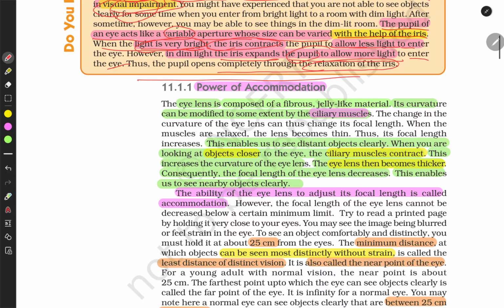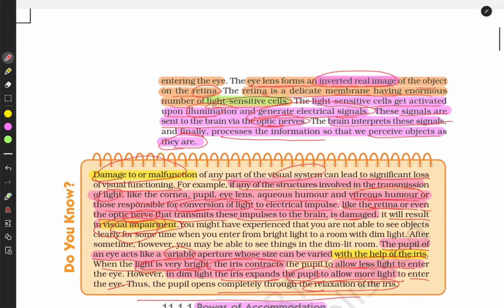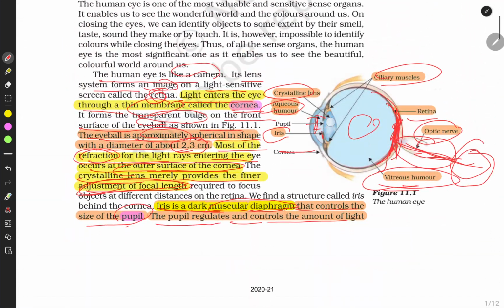Let's talk about the power of accommodation. What is accommodation? The eye lens is composed of a fibrous and jelly-like material. Its curvature can be modified to some extent by the ciliary muscles. So this is the eye lens, the crystalline lens, and it is controlled by the ciliary muscles.